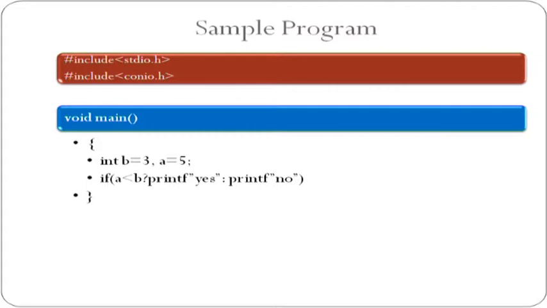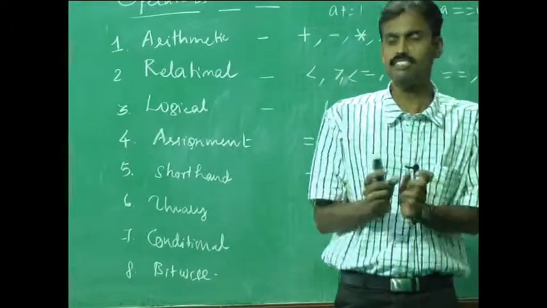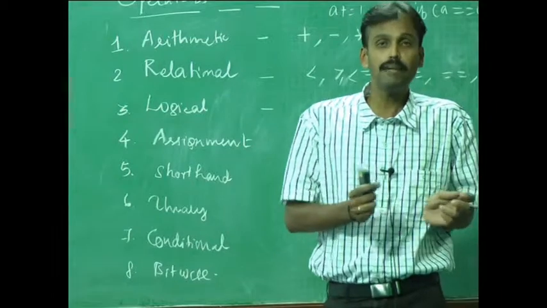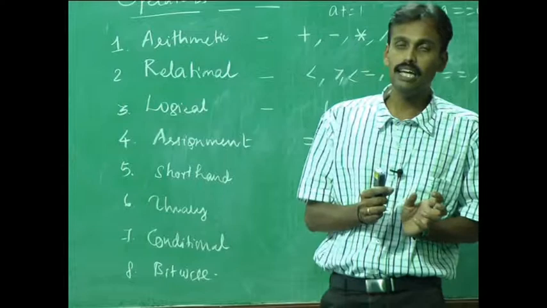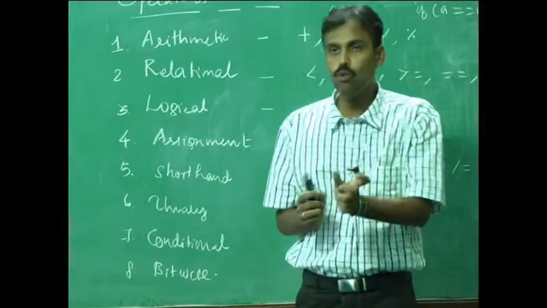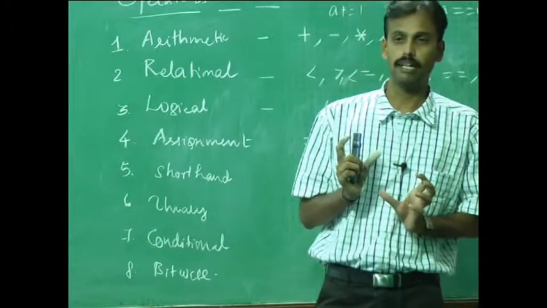This entire statement can be read as: if a is less than b, and if this condition happens to be true, you print yes. If this condition were not true, you please print no. This is how we should read the entire statement. The statement is like this: within brackets you have the condition checked, have a question mark, then have your true part, separated with a colon, have your false part.